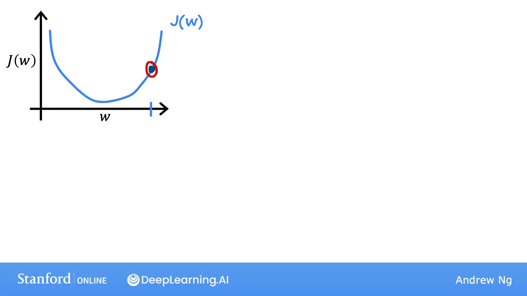What gradient descent will do is update w to be w minus learning rate alpha times d over dw of j of w. Let's look at what this derivative term here means. A way to think about the derivative at this point on the line is to draw a tangent line, which is a straight line that touches this curve at that point.